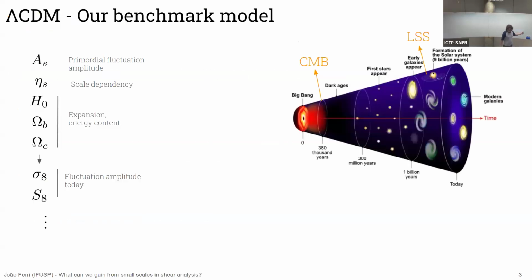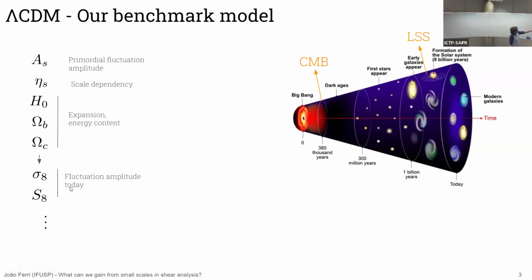So I think I don't need to talk much about this, but we have our benchmark model, which is lambda CDM. And usually we want to infer from the large scale structure things like the primordial amplitudes or the energy content of the universe or the expansion rate, things like that. And sometimes we can have some derived parameters like sigma 8, which is a parameterization of the fluctuation amplitude today.